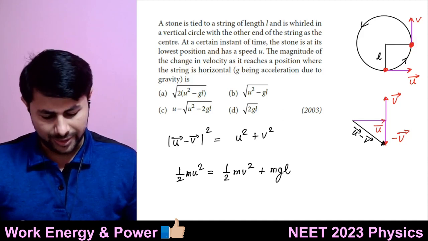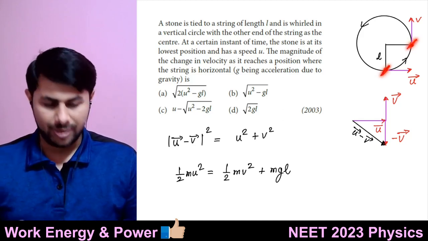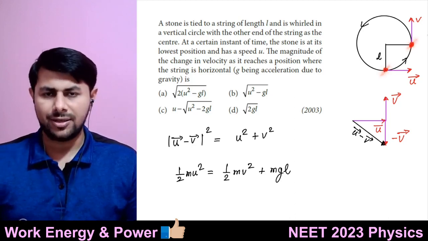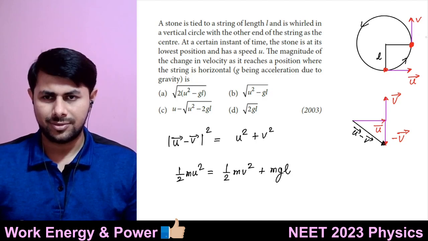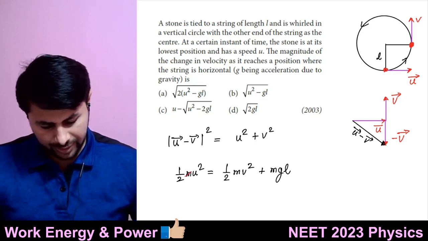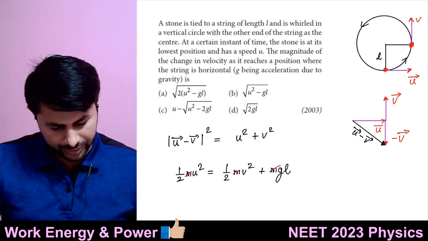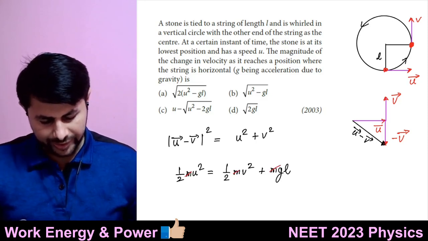So I can say half of m into u square is equal to half of m into v square plus mgl. Then m gets cancelled, and you want v square.